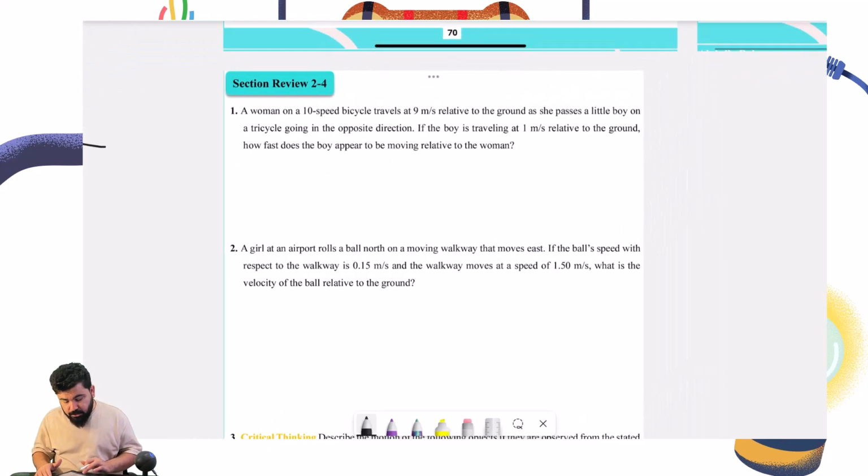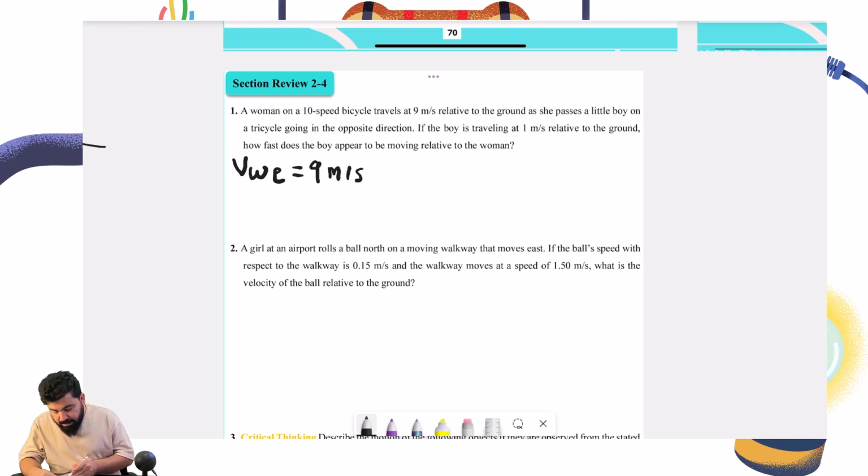I'm going to move on. Question 1 says a woman on a 10-speed bicycle travels at 9 meters per second relative to the ground. So the velocity of the woman relative to the earth or ground is 9 meters per second. She passes a little boy on a tricycle going in the opposite direction. So this is the woman coming and this is the boy.